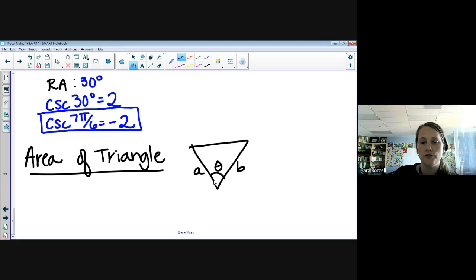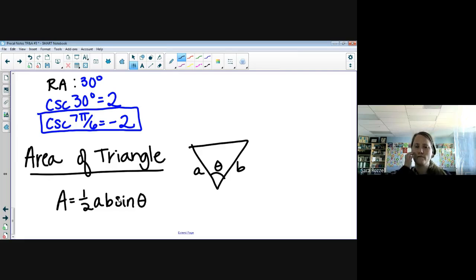So if you know 2 sides and the angle in between, you can use this special formula: area equals 1/2 A times B times sine of theta. So you just plug in the numbers of the two sides and you plug in sine of whatever angle they give you that's in the middle. So you don't have to have a base and a height if you know the two sides and that included angle. So just plug the numbers in for that. Make sure you're in degrees.